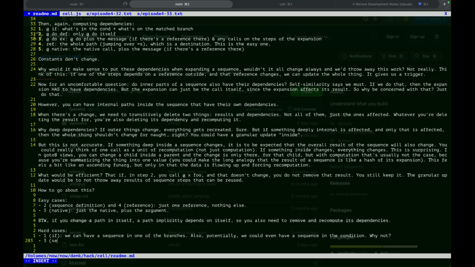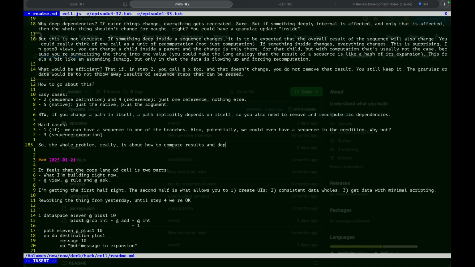The sequence execution. So the whole problem really is about how to compute results and dependencies for sequences. That's it.